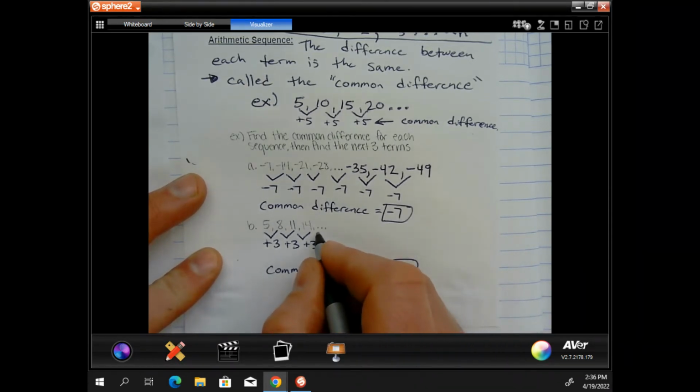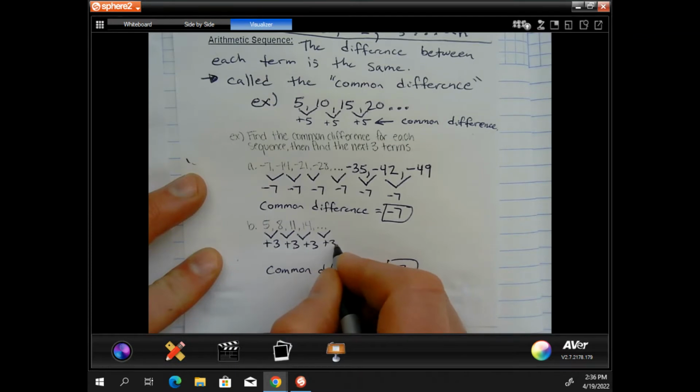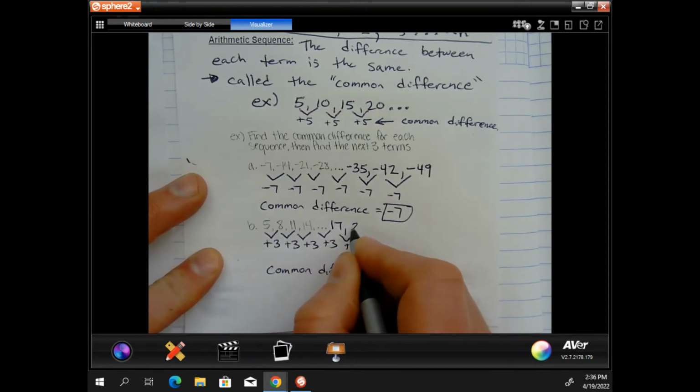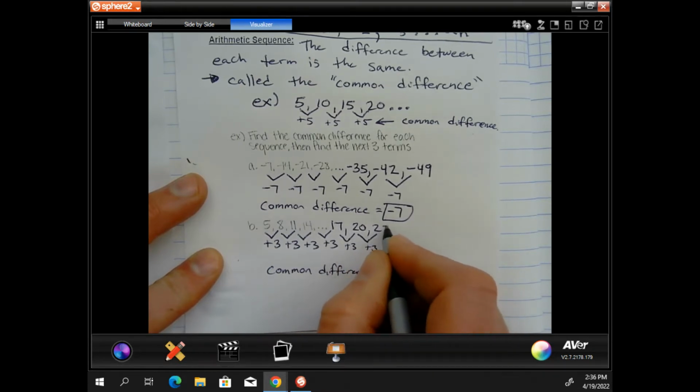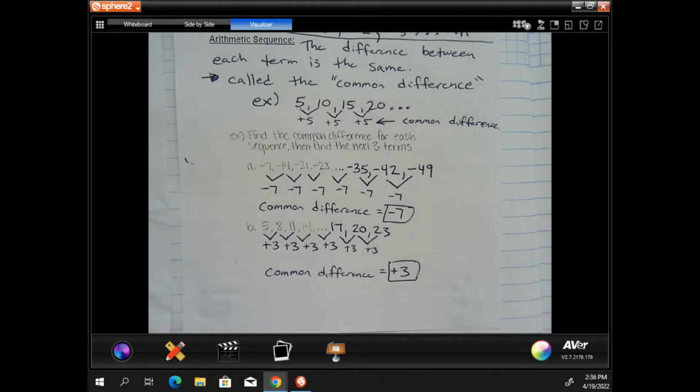So our next three numbers in our sequence, if we add 3, we have 17, plus 3, we have 20, plus 3, we have 23. There is our section on arithmetic sequences.